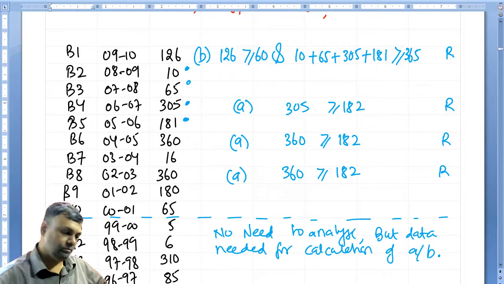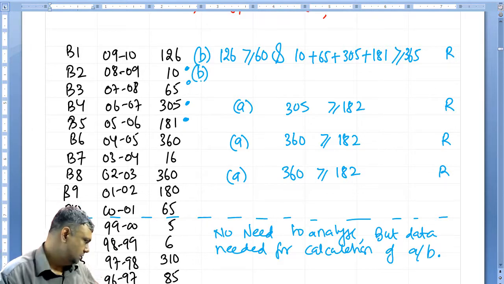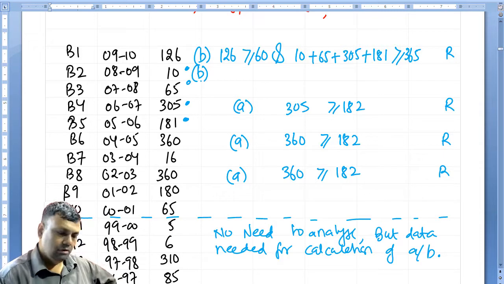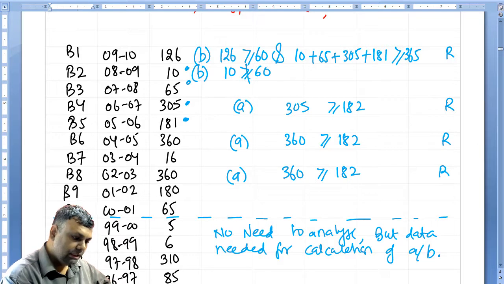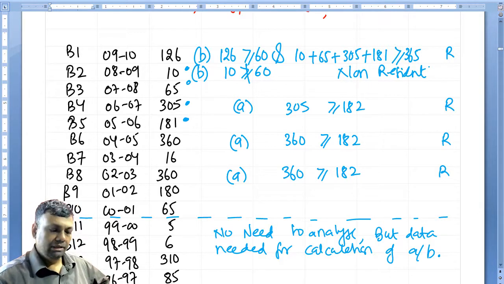Okay. So only 10 number of days. 10 number of days should be greater than 60, but it is not greater. So you are non-resident for that particular year because that condition is not satisfied.